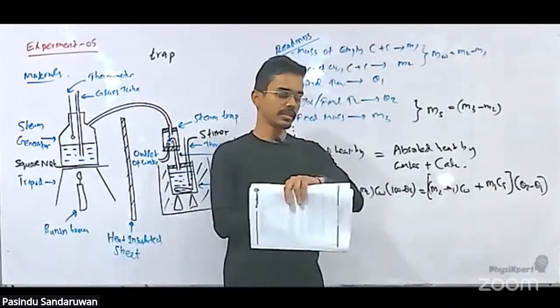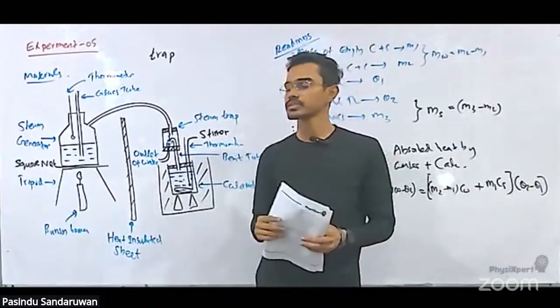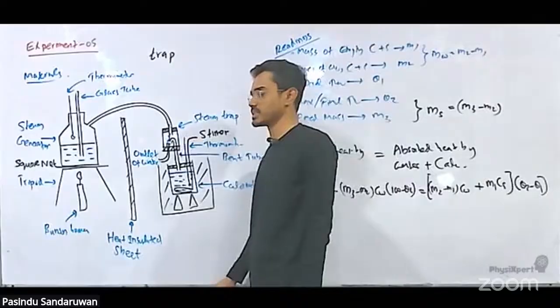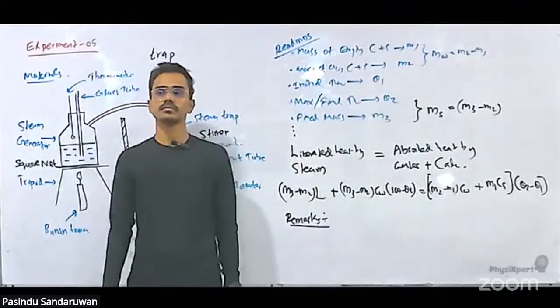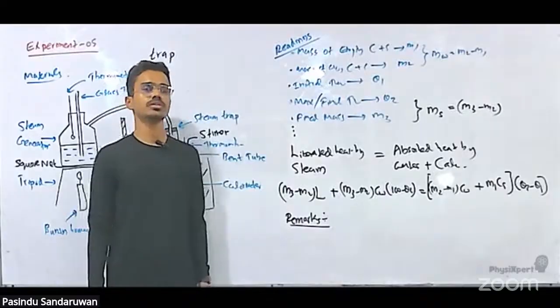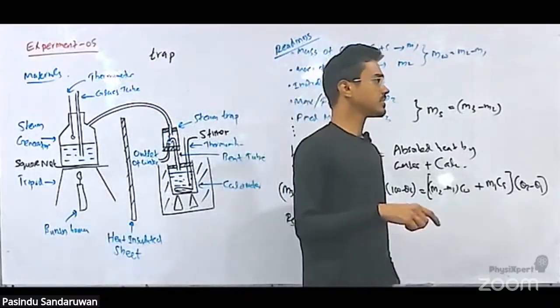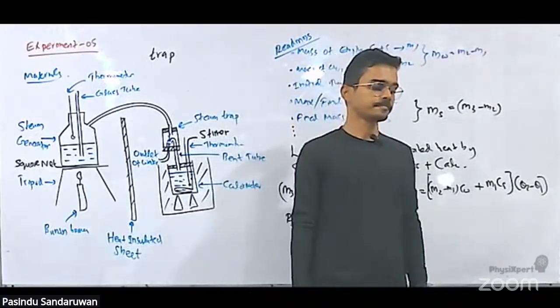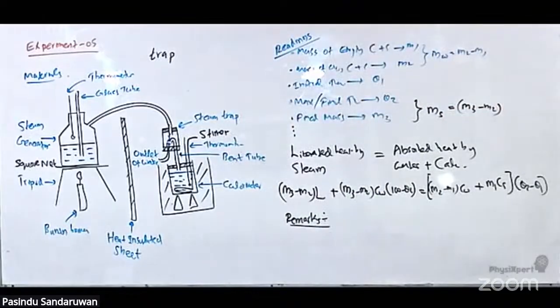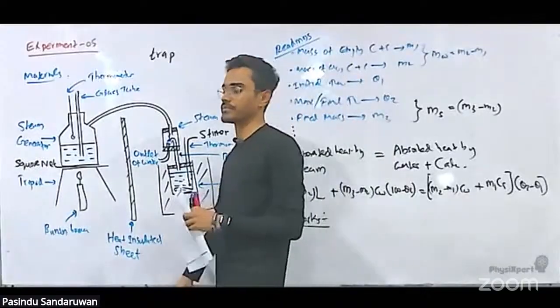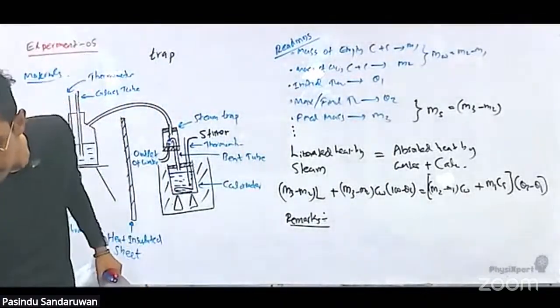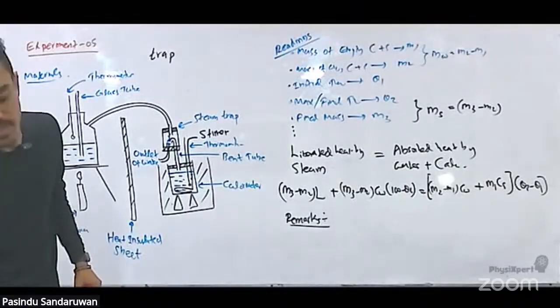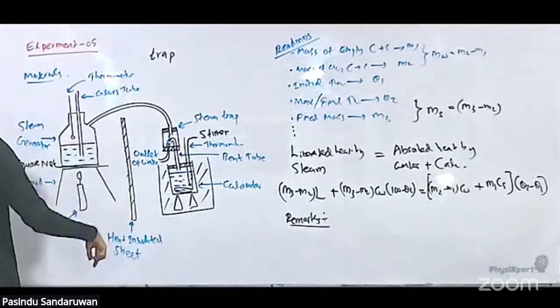Heat compensation method is used to minimize the error caused due to transfer of heat with the environment. Right. Next point.